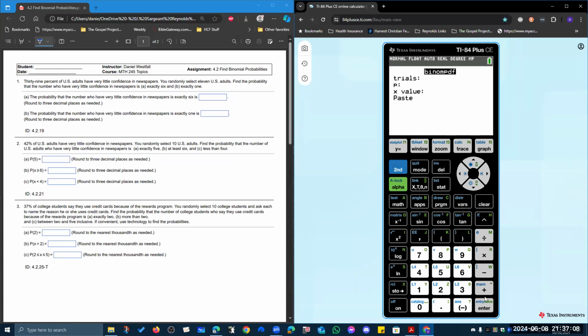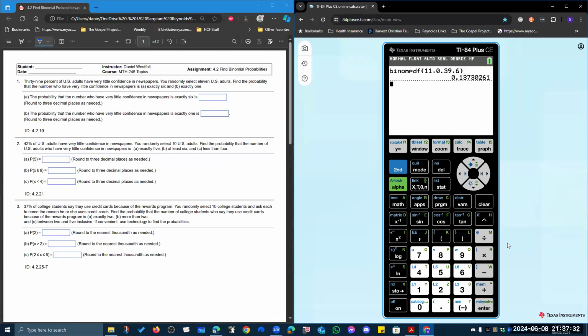We'll talk about CDF in a little bit, but there are 11 people here, so 11 trials. P is 39%. And we want first the number of people who have very little confidence is exactly 6 out of the 11.